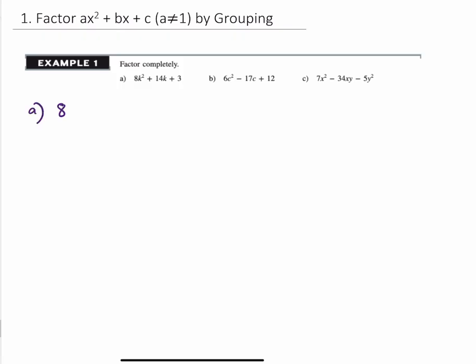So we have, for our first example, 8k squared plus 14k plus 3. We're looking at this from the general perspective of ax squared plus bx plus c. So we see that we have this time an a value of 8, a b value of 14, and a c value of 3.